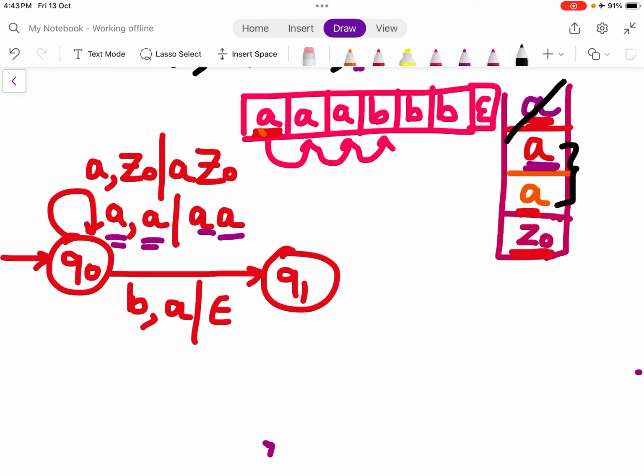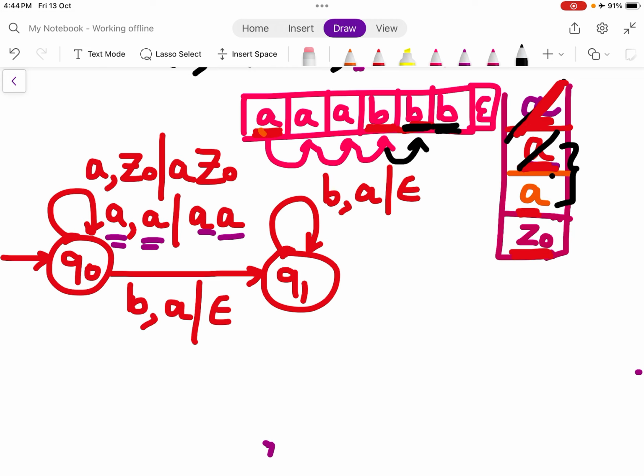So pop this A. Then going one step ahead, again you have a B. For however many B's you have, as long as the top of the stack is A, you will pop that A. For this B you will pop this A, for this B you will pop this A, and for this B you will pop this A. So this will go on and on. That's why it is a self loop.